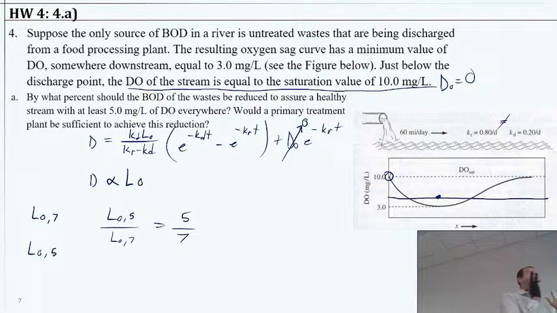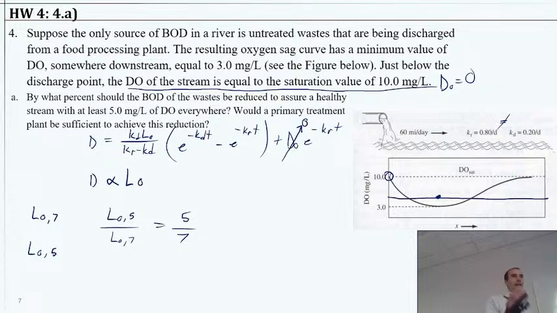The amount of BOD that can be remaining, or the difference here, is described by 5/7. So if our new deficit has to be smaller than the bad case, the 7 case, it has to be that ratio.